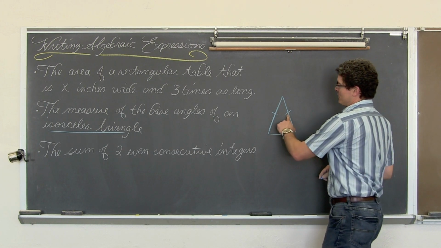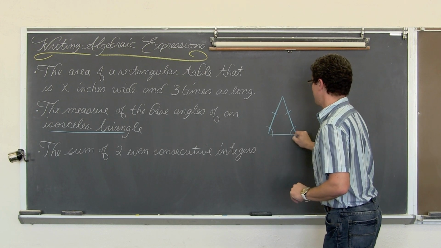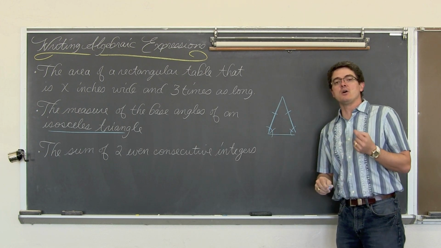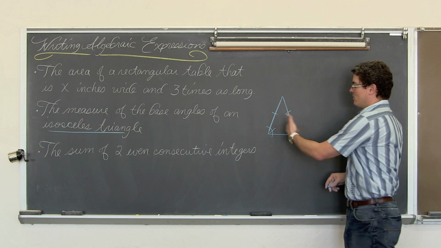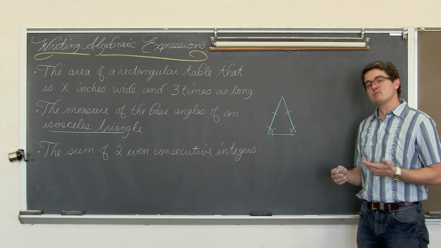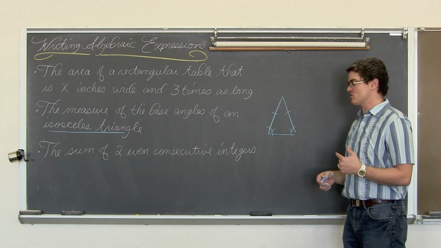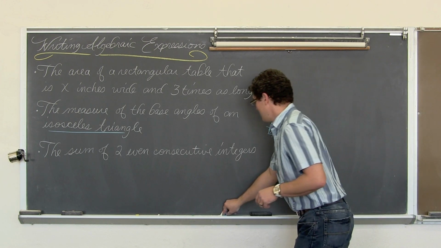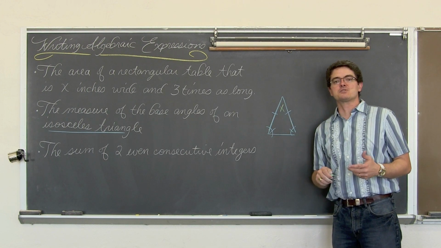Well, if the two sides are the same in length, then the base angles opposite those sides must also be equal. Well, that's fine, and we're not going to be able to actually know what the measurement of these base angles are, but I can make an expression to describe their measurements. So we'll have this upper angle be some unknown value of x degrees.